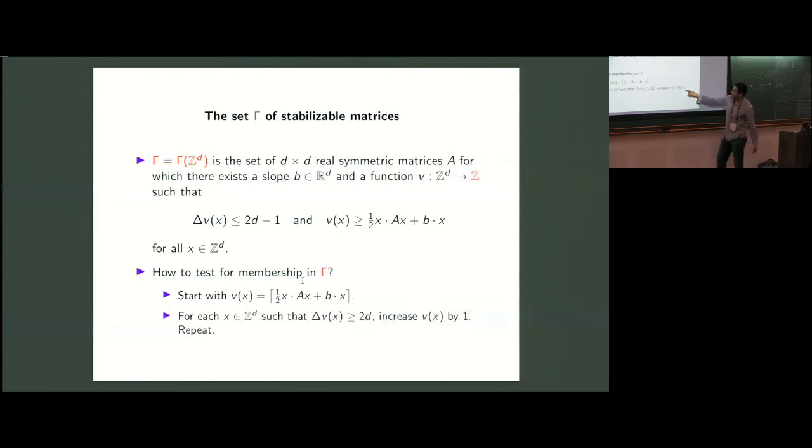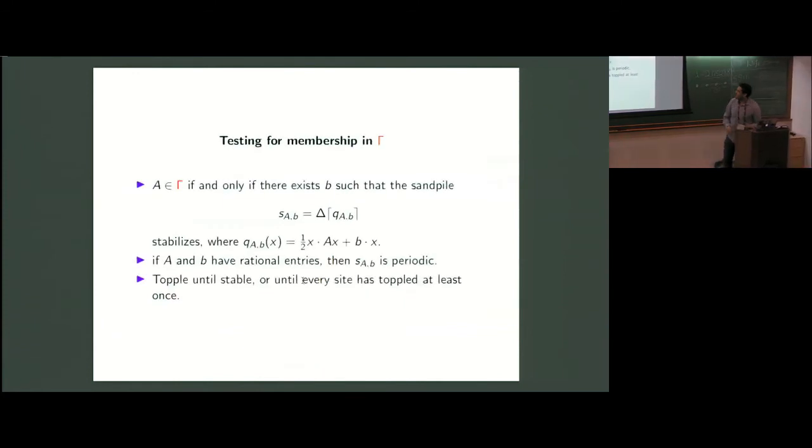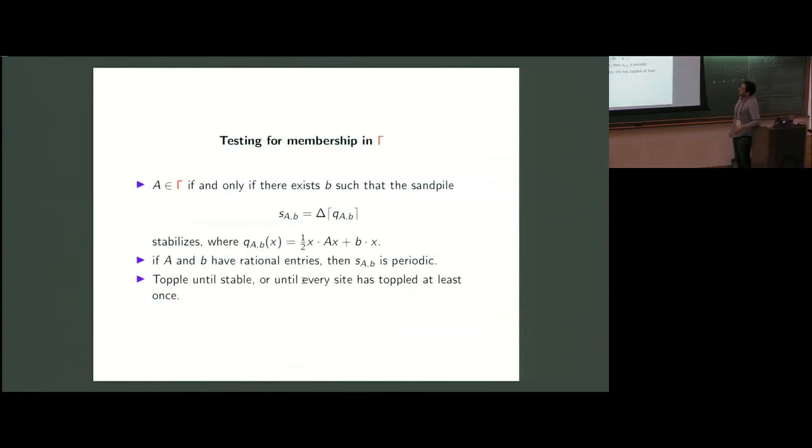Well, it's exactly like a toppling. I'm going to decrease the Laplacian by 2d, and I'm going to increase the Laplacian of the neighbors by 1. So, once you phrase it this way, you see that A belongs to gamma if and only if a certain sandpile stabilizes, namely the Laplacian of the ceiling of this quadratic.